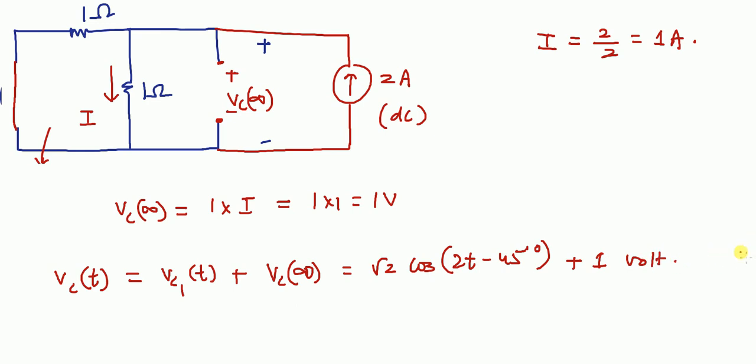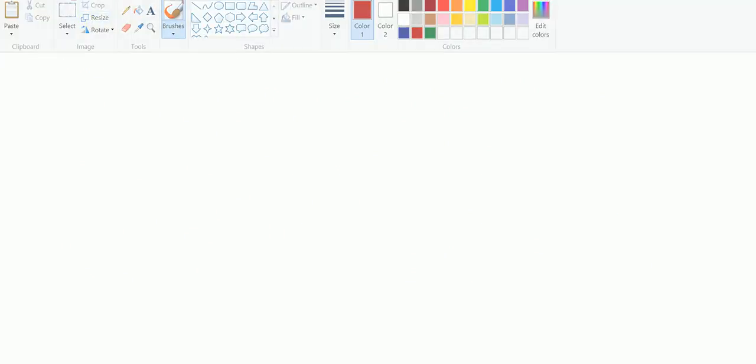So that's how we find the sinusoidal steady state response of a circuit in which we have two sources. One is DC source and another is sinusoidal source. Now let's see one more example in which we have inductor.